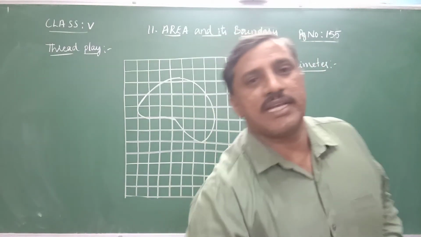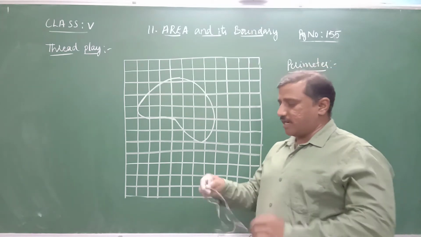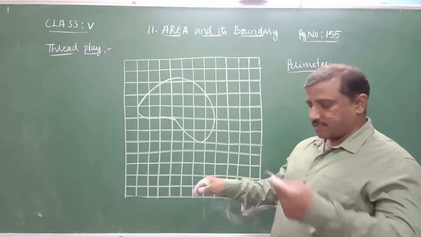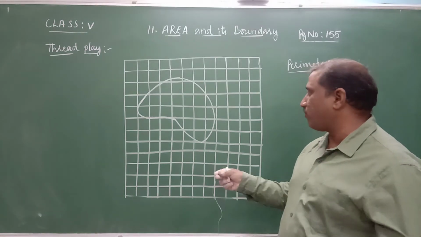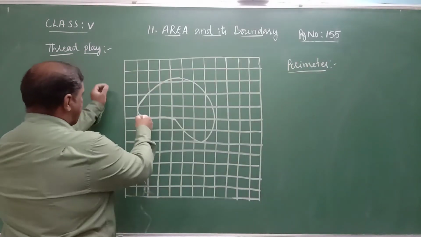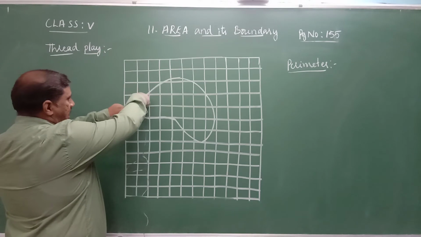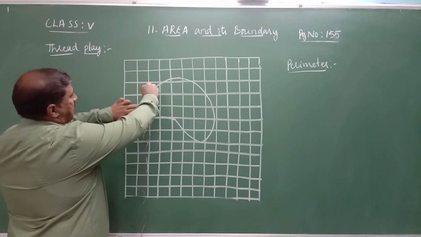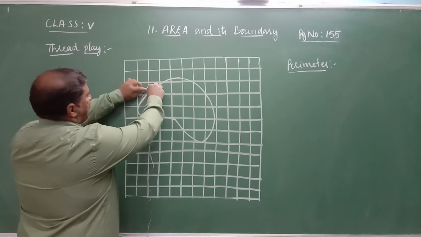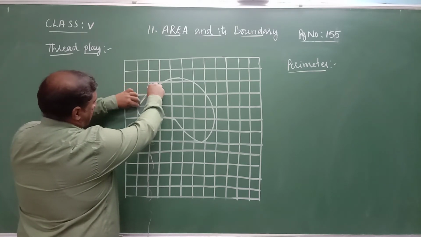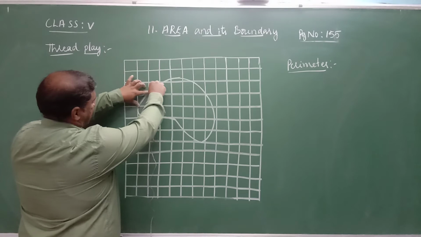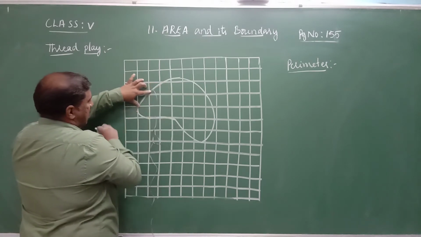Now I am using this as the thread. Place this thread on the irregular shape from one corner. Are you able to see? Yes. So along this boundary line, keep the thread. From where I started, please put a mark. Till here I should measure.